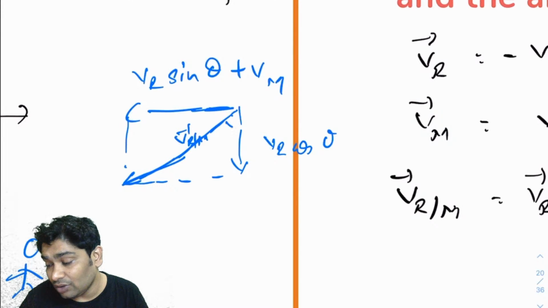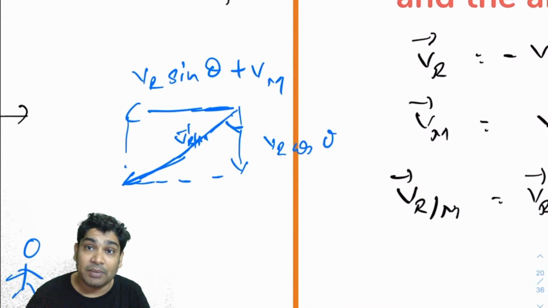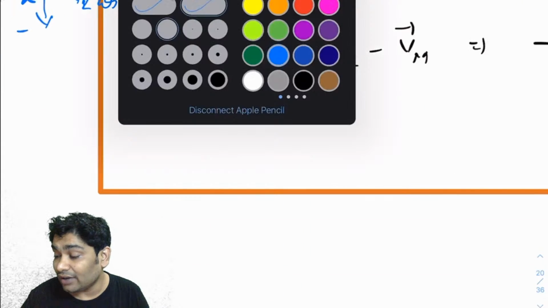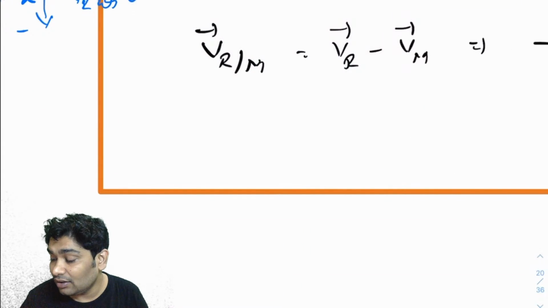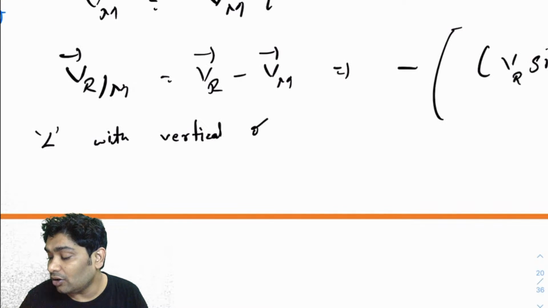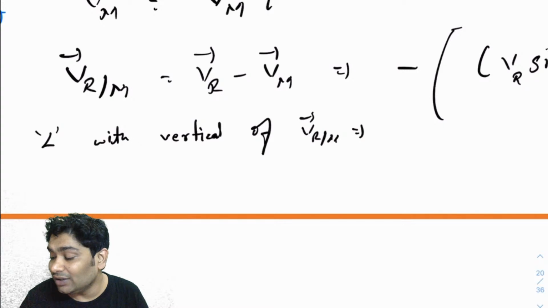Now if I needed to calculate the angle that is being made with the vertical, alpha, I can write from here the angle with vertical of Vr with respect to man. How will that be?